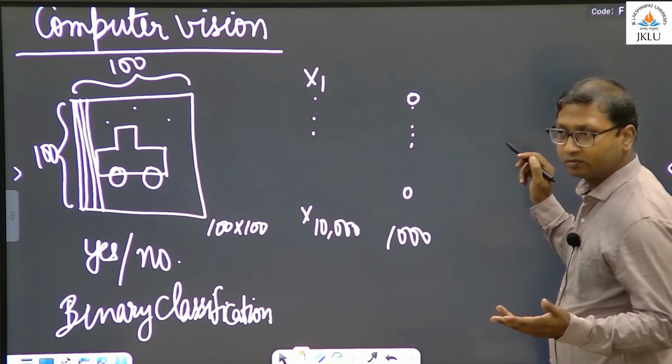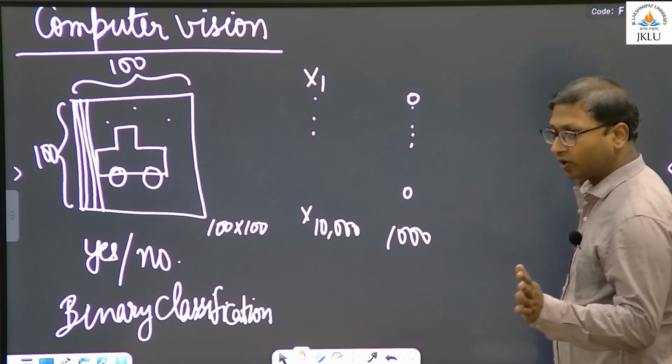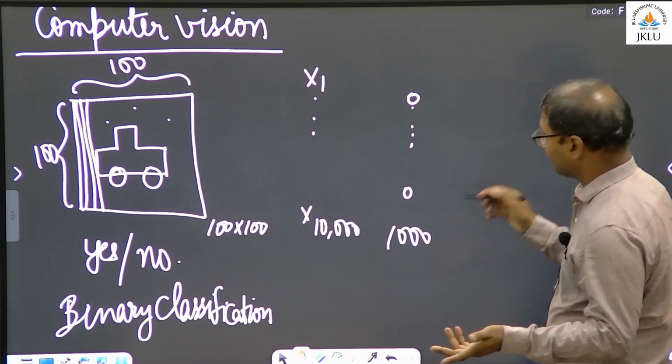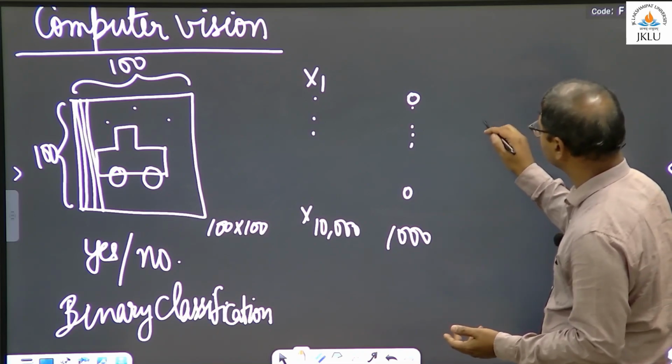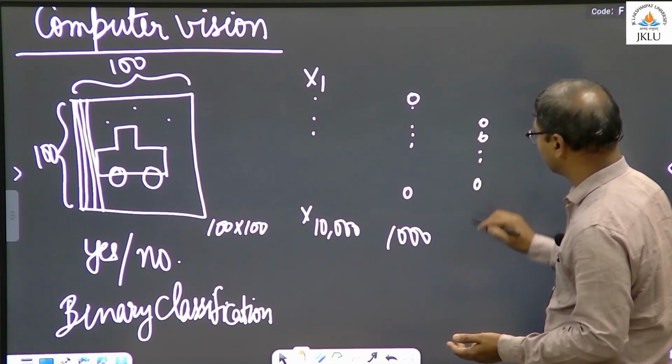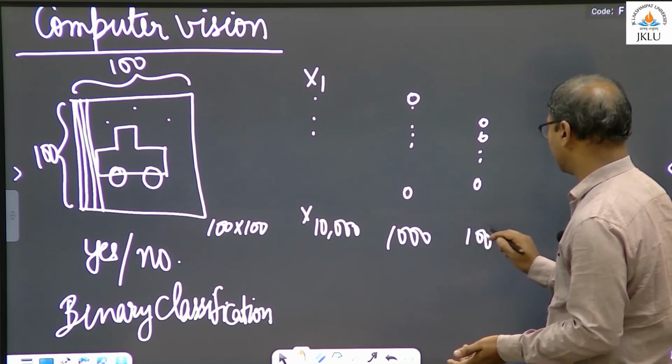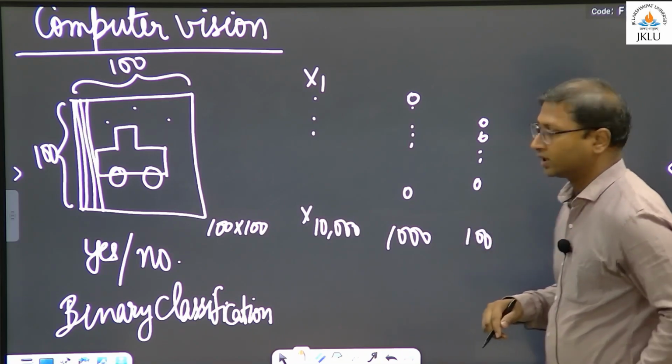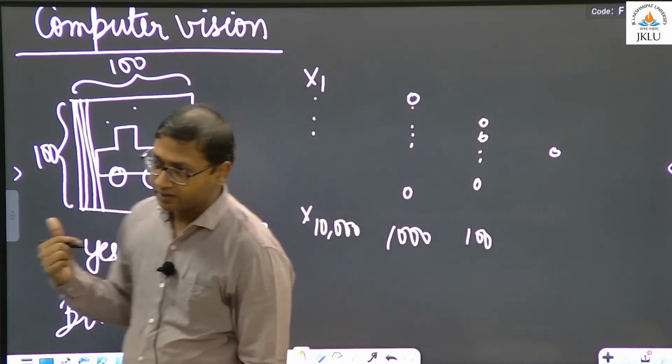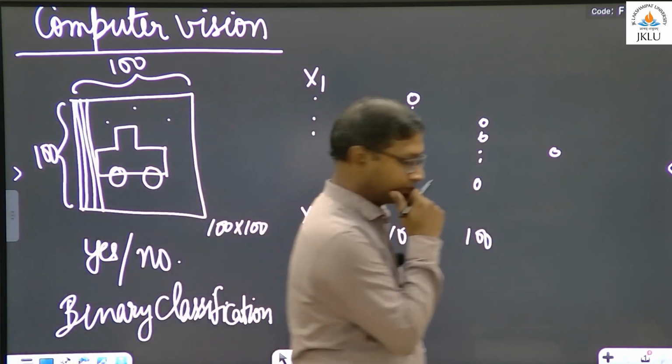Next, what should I do? I output directly, or maybe one more hidden layer. So let's say somewhere around 100, and then let's say 1. How many parameters are there in this neural network, roughly?